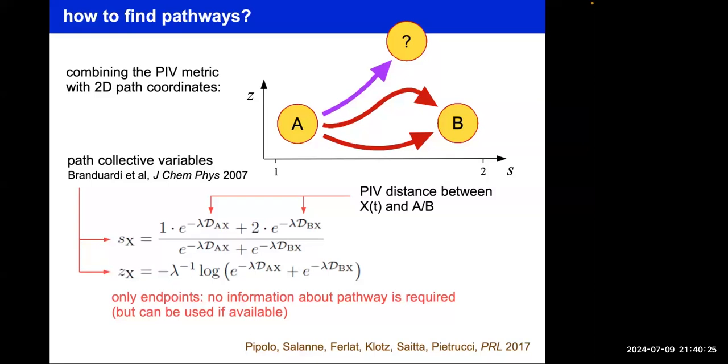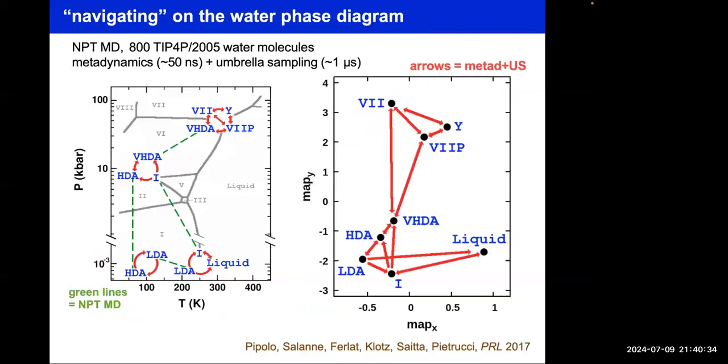You can try to use them, as I said, for phase transitions: liquid to solid, solid to solid, and so on. Now, I don't enter into details. I will be happy to answer questions, of course, but it's not the point now. This is an example of application where we did classical simulations this time, with 800 water molecules.